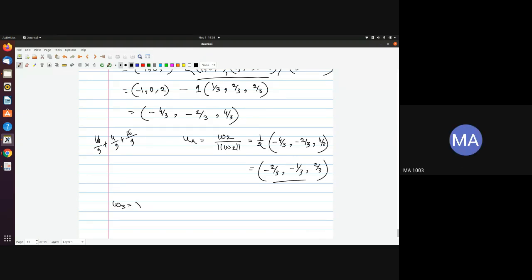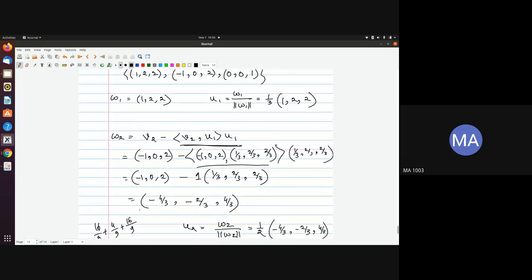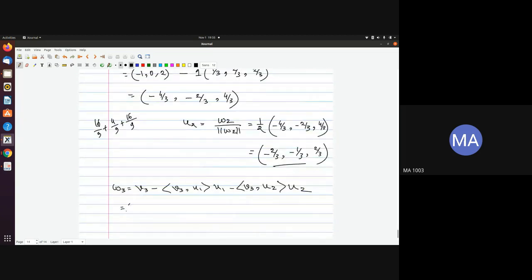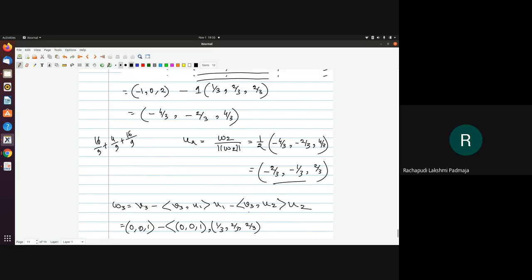Now what about W3? It is V3 minus the inner product of V3 and U1 times U1, minus the inner product of V3 and U2 times U2. What was V3? V3 was 0, 0, 1. U1 was 1 by 3, 2 by 3, 2 by 3.